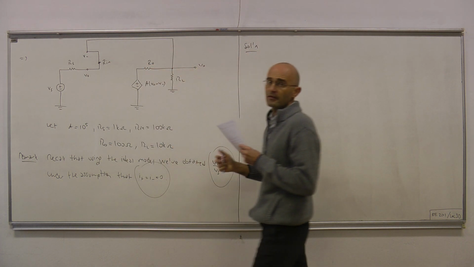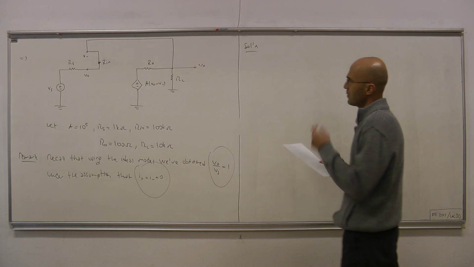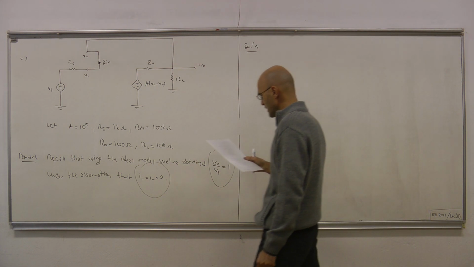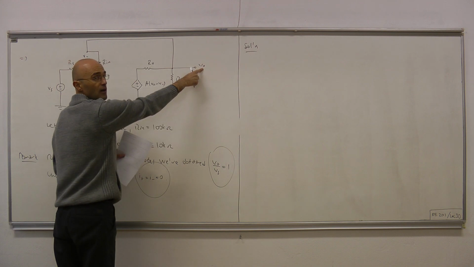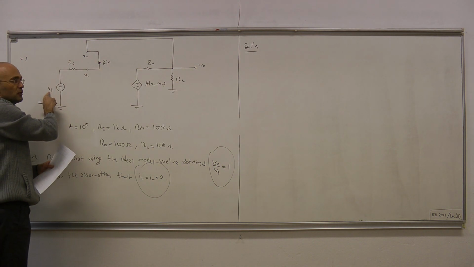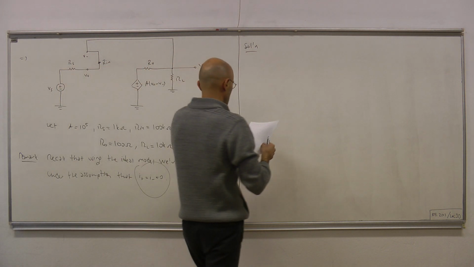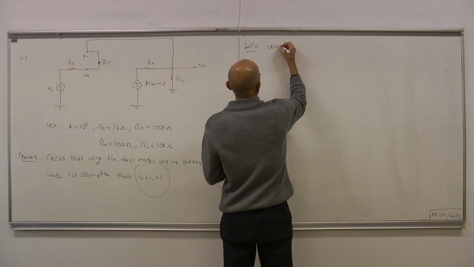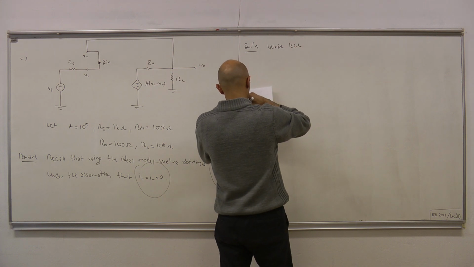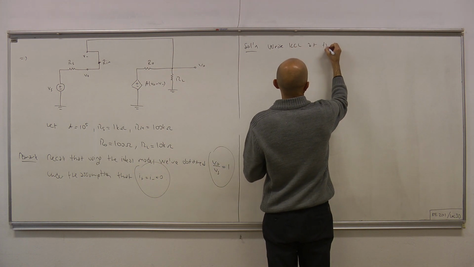So this is the circuit we will now study. We will try to obtain the relation between output voltage and input voltage, and the input voltage is now represented by Vs. So write KCL at the output node.